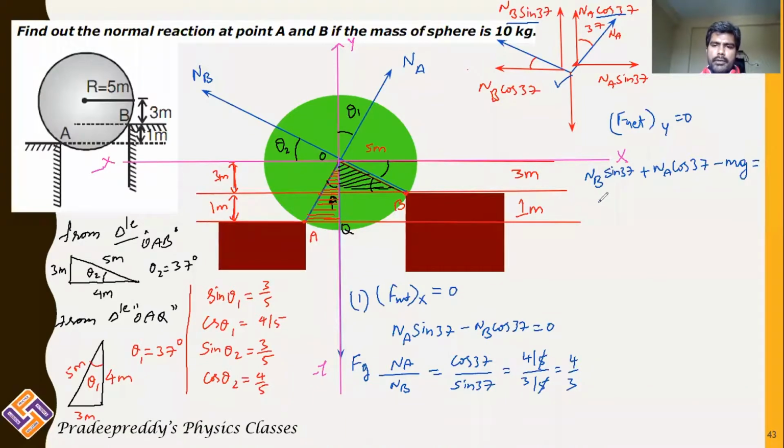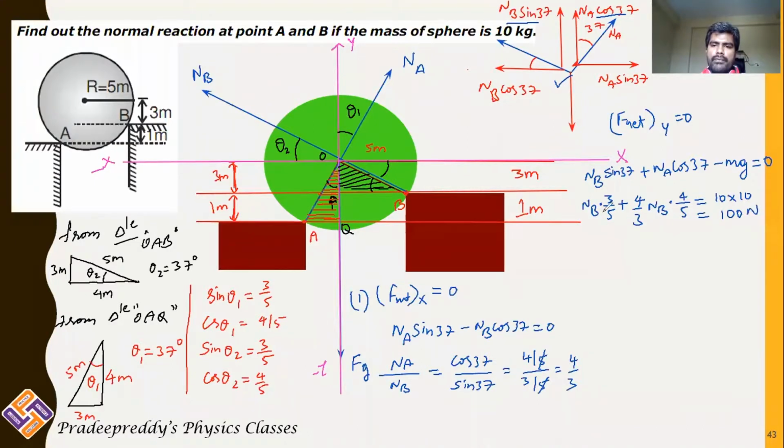Now from here you can write NB into, what is sin 37? Sin 37 will be equal to 3 by 5, plus NA can be written as, from this first equation, 4 by 3 times NB, cos 37 is 4 by 5, is equal to mg. m is mass of this block, that is 10 kg, acceleration due to gravity is 10, this is equal to 100 Newton.